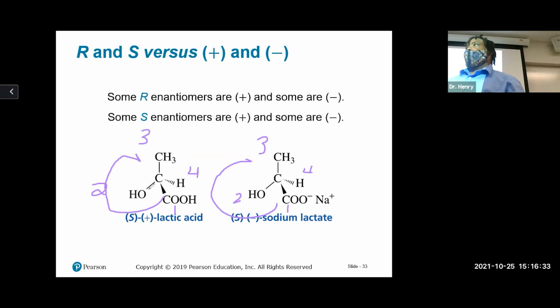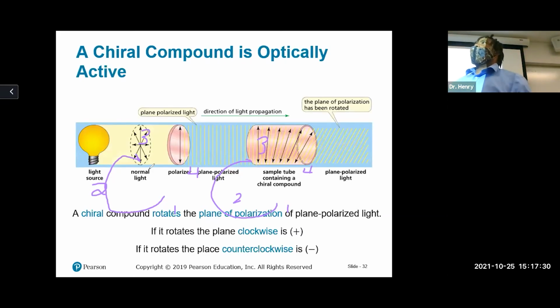So this is what the positive and negative means, right? It's just how they rotate.